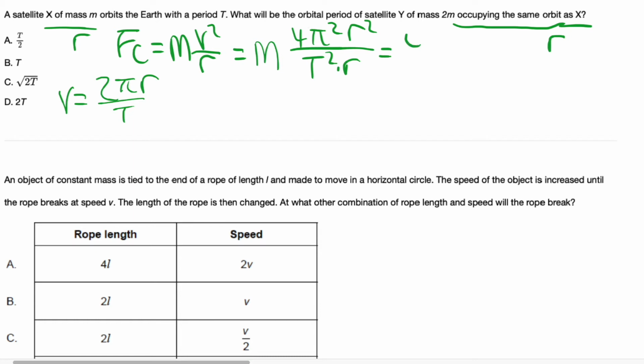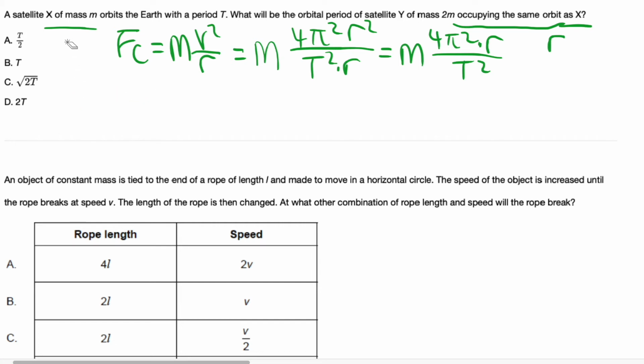So it's going to be equal to mass times 4 pi squared multiplied by r divided by T squared here. So this is another derived formula for centripetal force here, and we need to know your period.